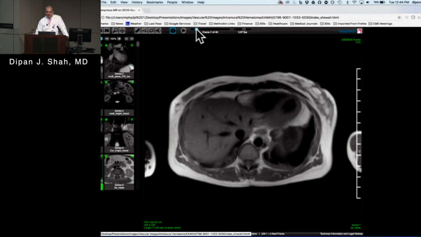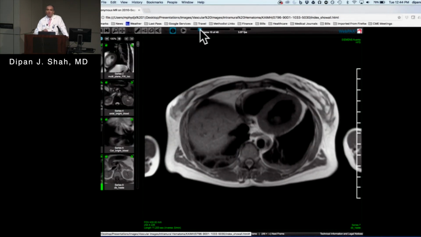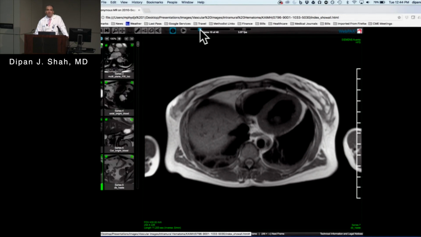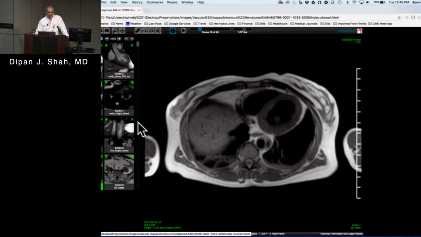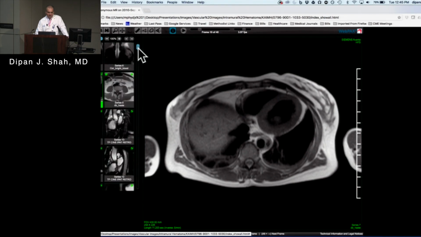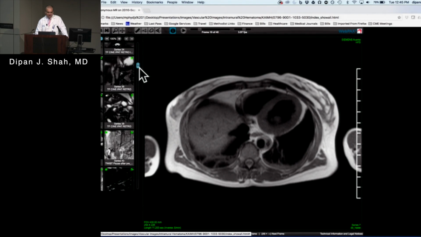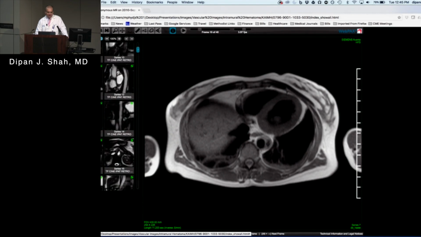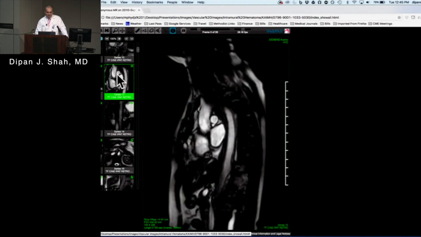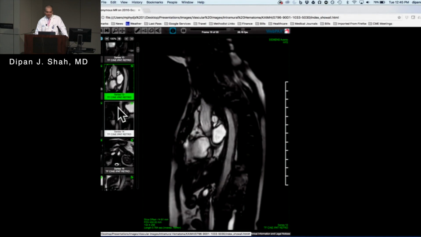So now the question is, how do you distinguish an intramural hematoma from a dissection? Right? So one of the things you want to look for is a tear, because if it's an intramural hematoma, there should be no contrast getting into the area outside the true lumen, right? One of the challenges becomes, we can look at our series of cine images to try to find a tear, right?